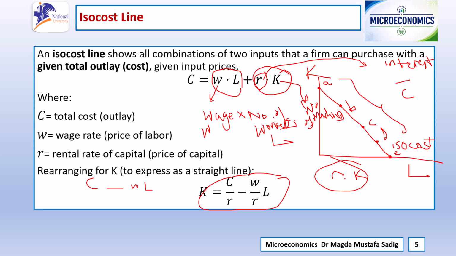C minus WL equals RK. We took WL to the other side, and when we move it, the sign changes.